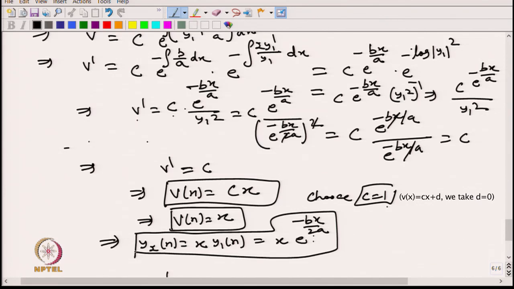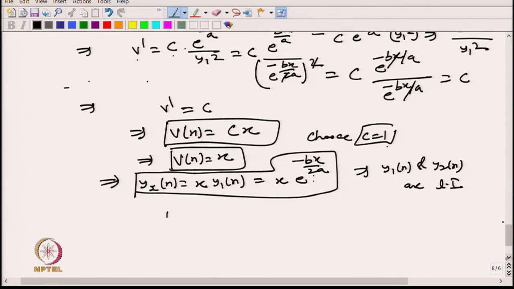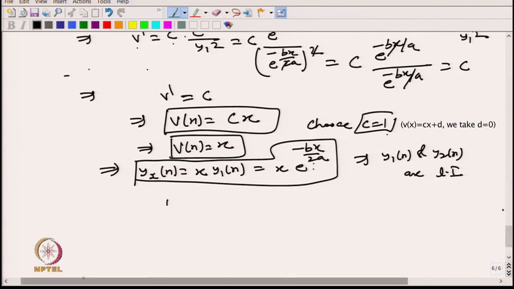And you can also check that y1x and y2x are linearly independent. So, this will be linearly independent, that you can just do yourself, it is very easy to check. So, from here now I get y1x I know, and y2x is this one. So, from here I can define my general solution.